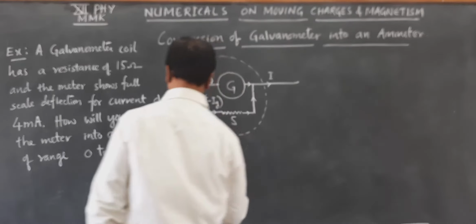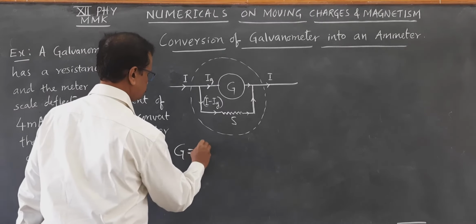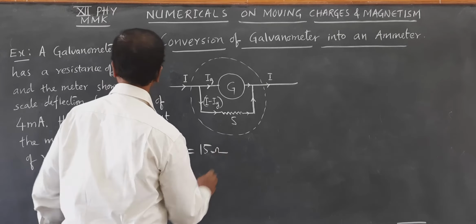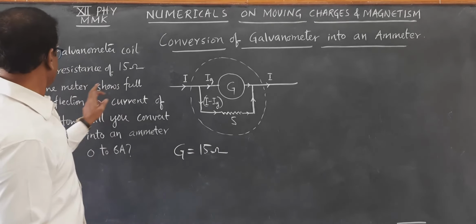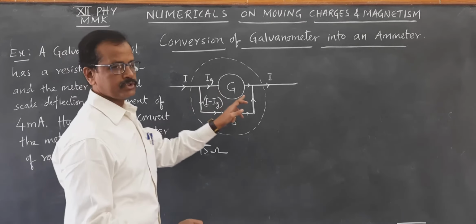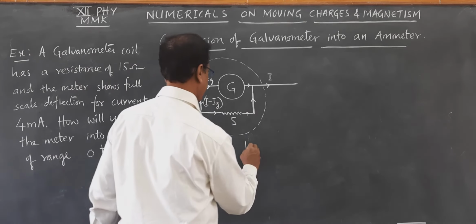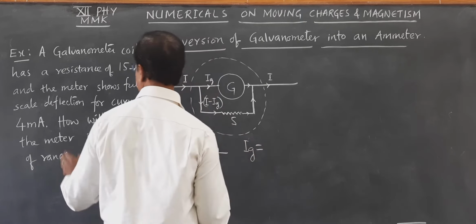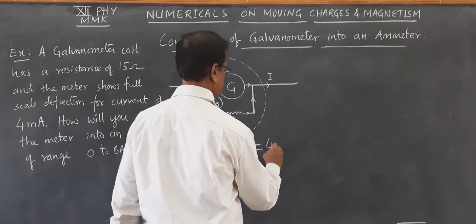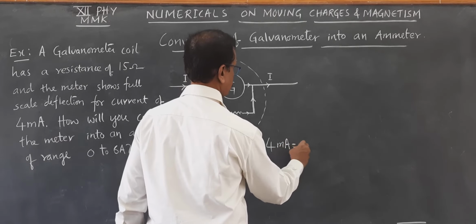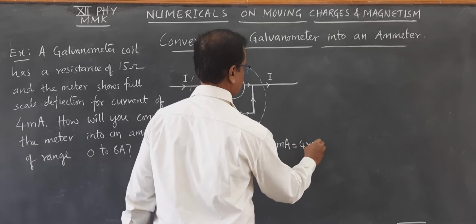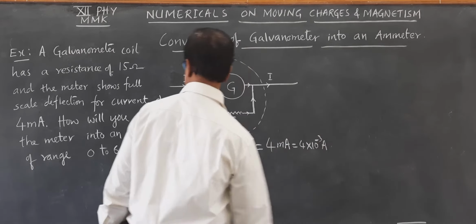G is equal to 15 ohm and the current through the galvanometer for which it shows full scale deflection is given. Ig is equal to 4 milliamperes, 4 into 10 raised to minus 3 amperes.